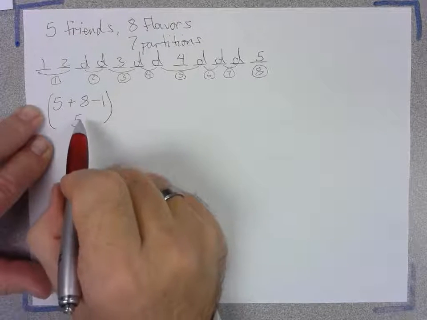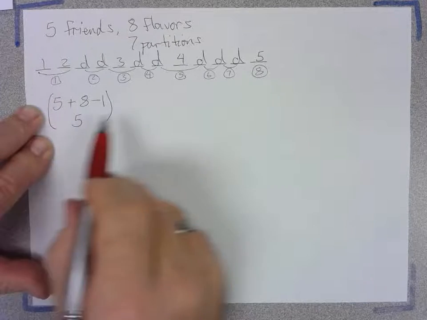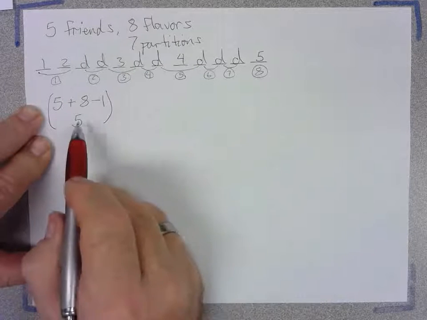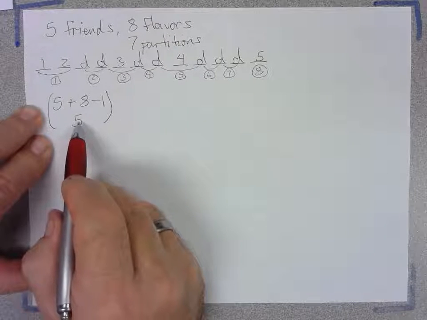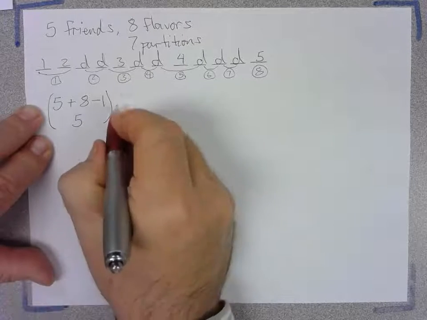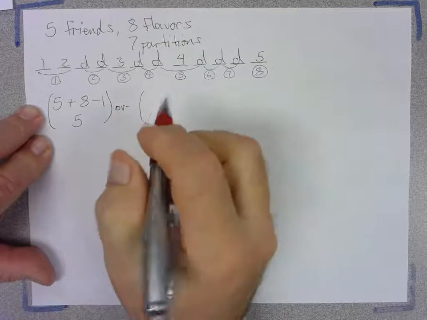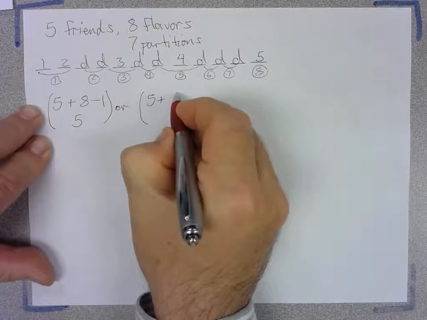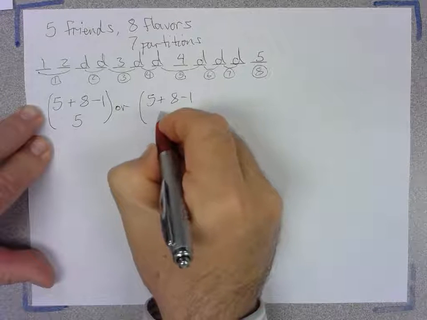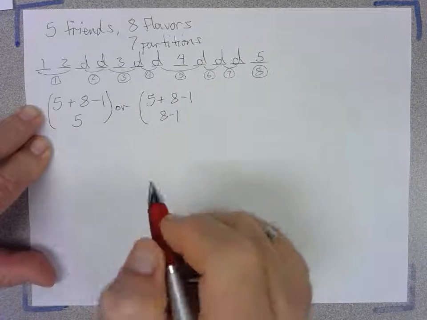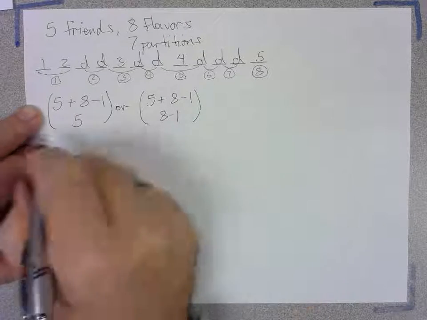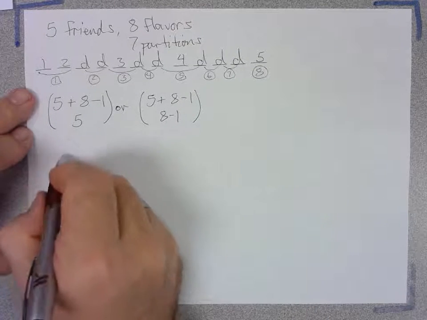So out of this total of 12 spaces, you can say how many different ways can I choose which 5 of the 12 to place my friends, or you can say out of these 12 spaces, where am I going to put the 7 partitions? Okay.